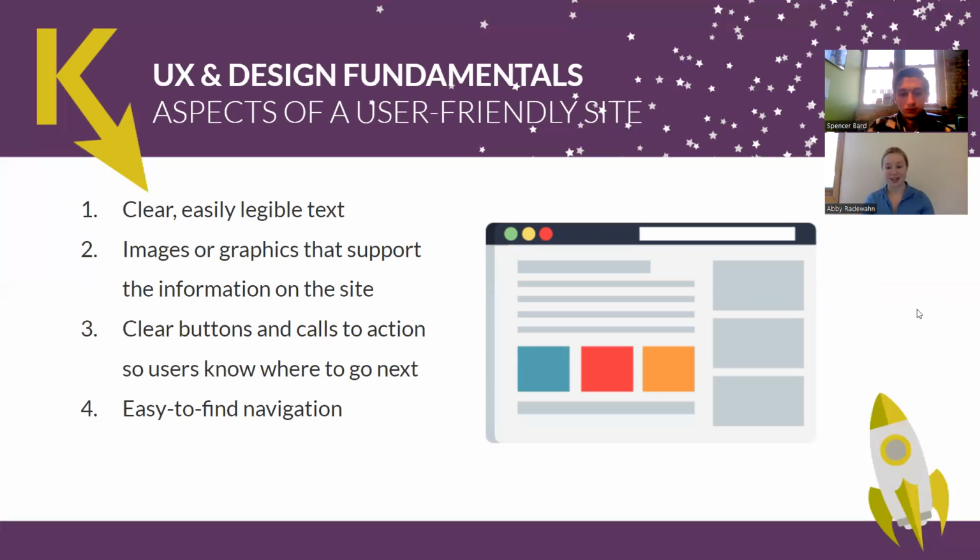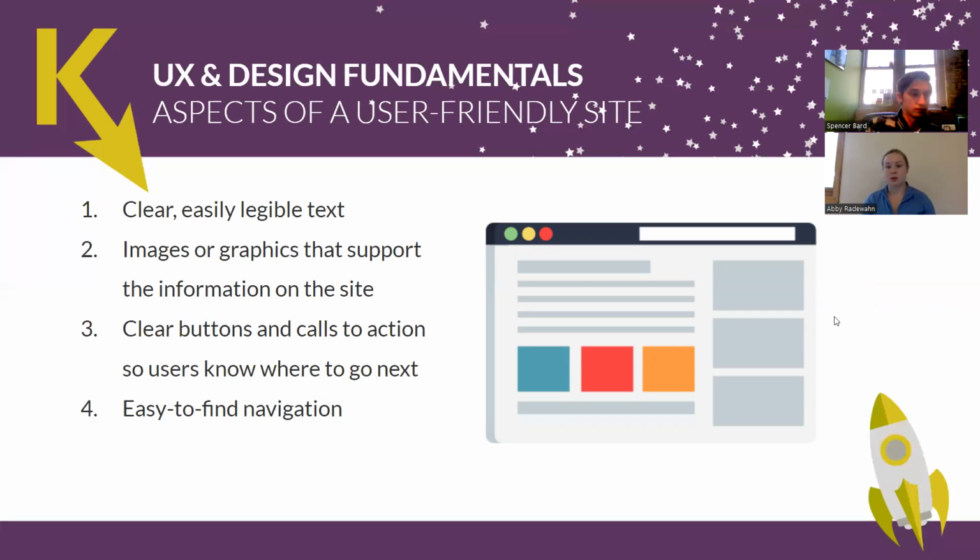If they can't read that information, then it's all for naught, right? When you have text overlaying images, make sure that image is dark enough and that the text has a big enough contrast from the image that it's easy to read.